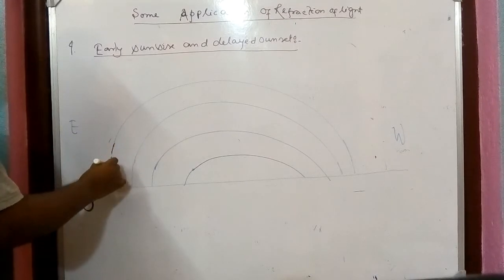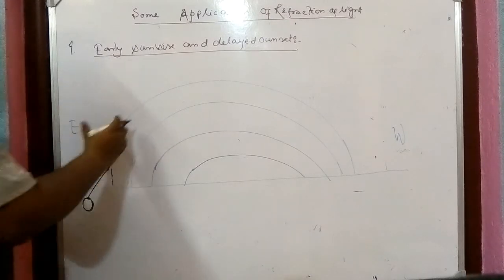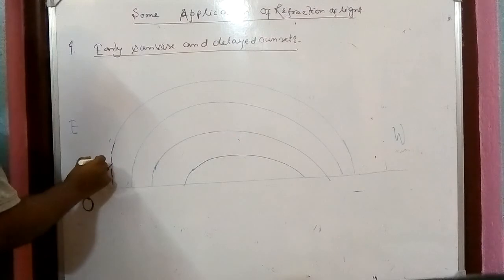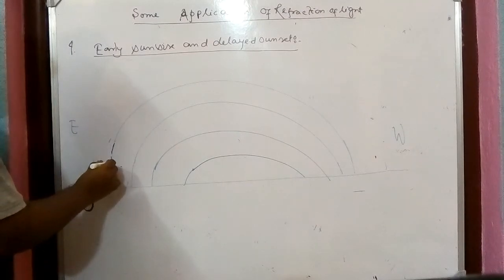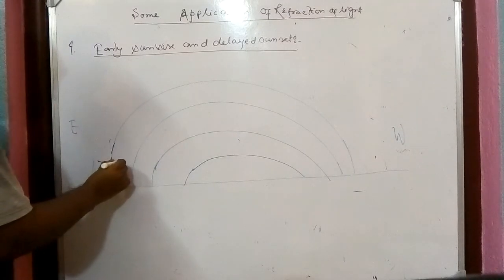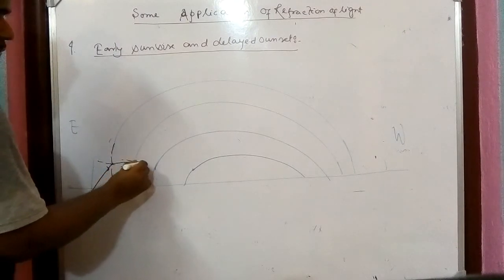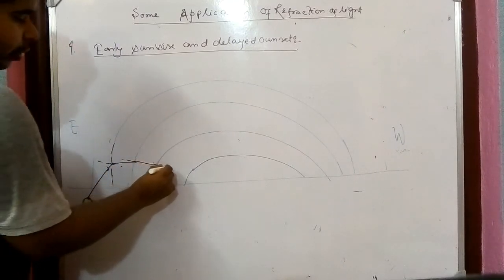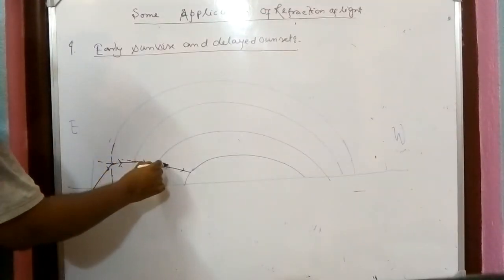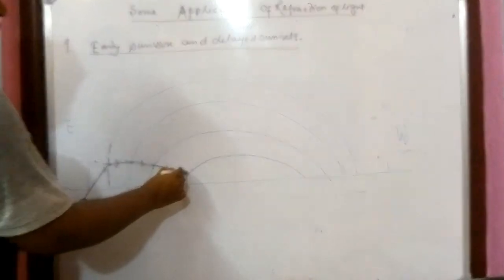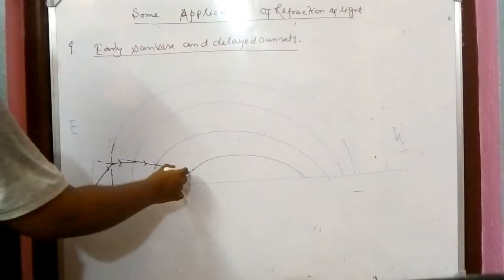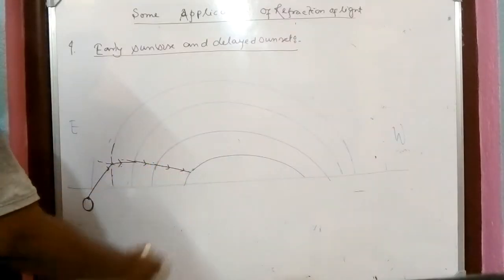Assume the light ray is incident here on one surface. We know that as we move far, the optical density decreases. So if I draw a normal, the light ray will bend like this. Here also it will bend and here also it will bend. Like that, the light from the sun comes to the surface of the earth by a bending path.